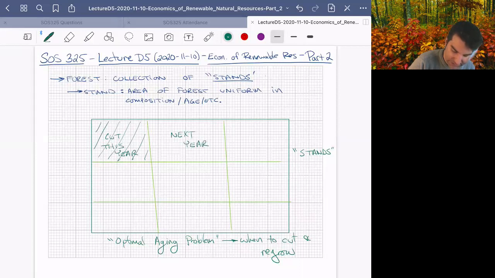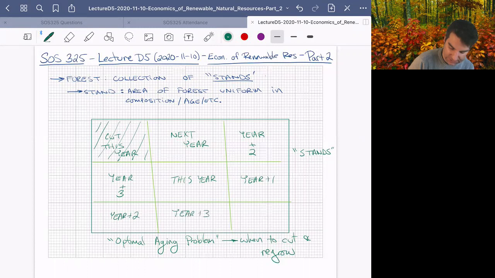This one is this year plus 2, maybe this is year plus 3, and then maybe over here you cut this year, and then you repeat that pattern: year plus 1, year plus 2, year plus 3, and then again this year.